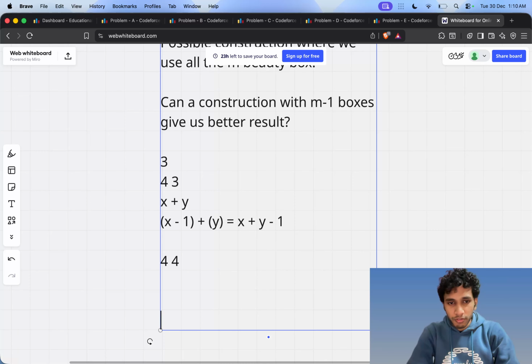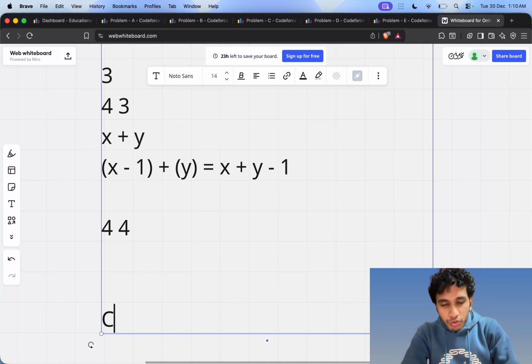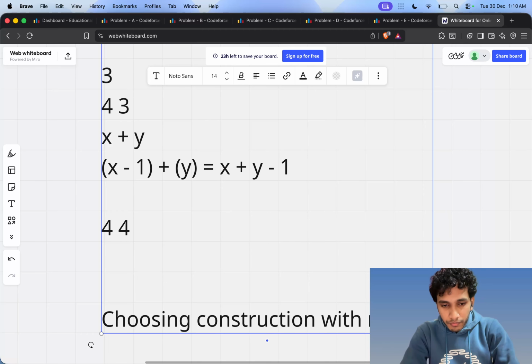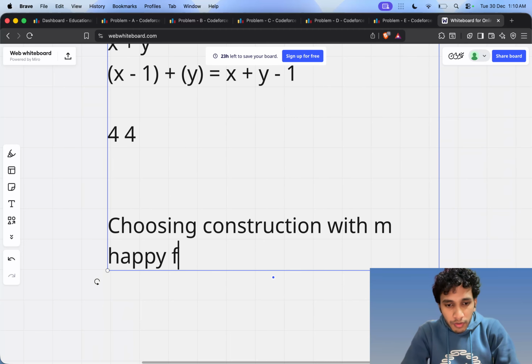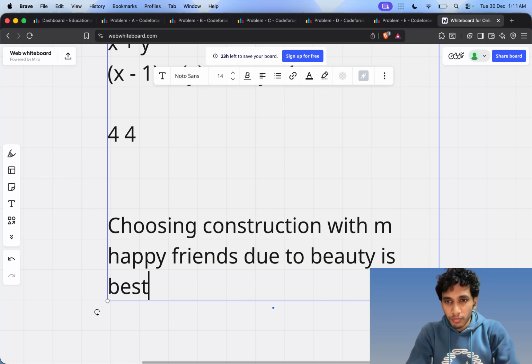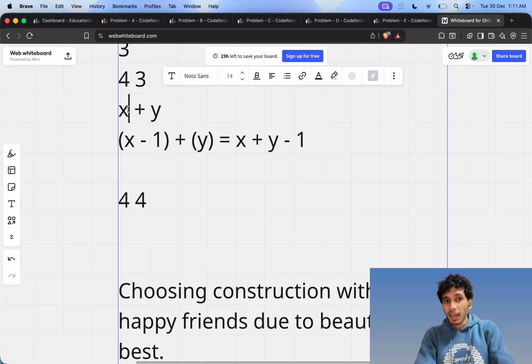So we come to a conclusion that choosing construction with m happy friends due to beauty is best, keeping in mind that we already had the most optimal version of choice.